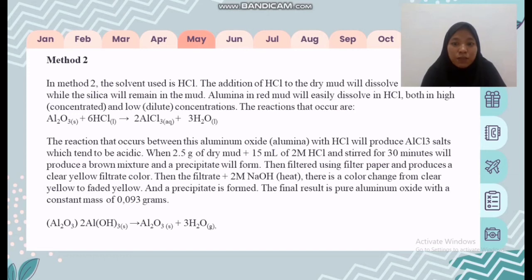Then the filtrate plus 2 molar NaOH. There is a color change from clear yellow to faded yellow, and precipitate is formed. The final result is pure aluminum oxide with a constant mass of 0.093 grams.